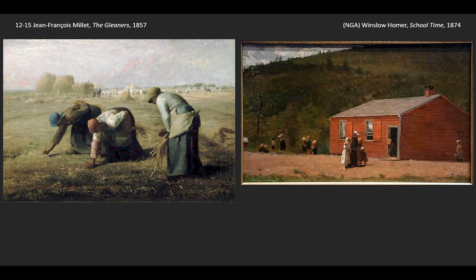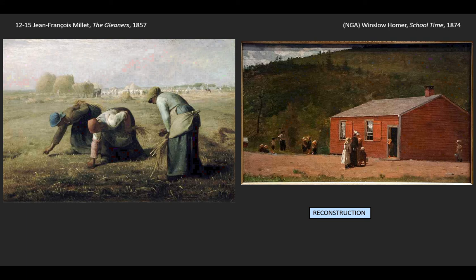This interest in a sort of nostalgic escapism away from industry is, in fact, probably also fueled by movements in America at that time. The 1870s was immediately after the Civil War, a period in American history called the Reconstruction, where America is trying to build itself back after having been ravaged by a war against itself.